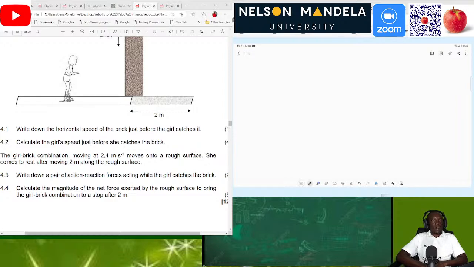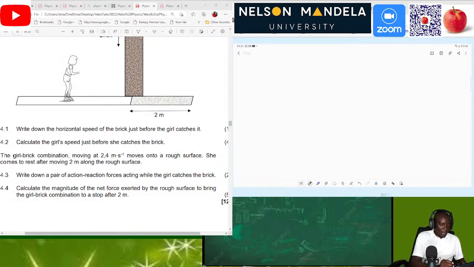We can use the kinetic energy, and the work done by the frictional force over the 2 meter distance to stop this body should be equal to the kinetic energy. The other way is finding the acceleration first, basically the deceleration over 2 meters, and then using that deceleration to find the force.